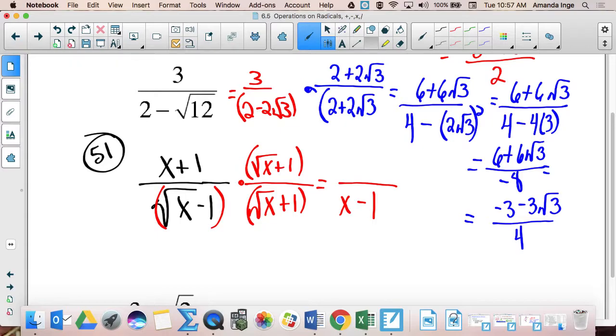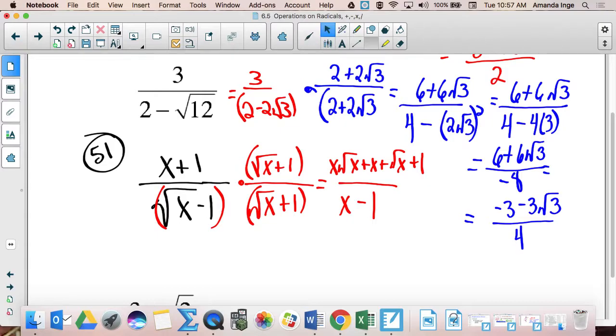If we multiply these on the numerator, we get x square roots of x plus the square root of x plus 1. That is the answer to that.